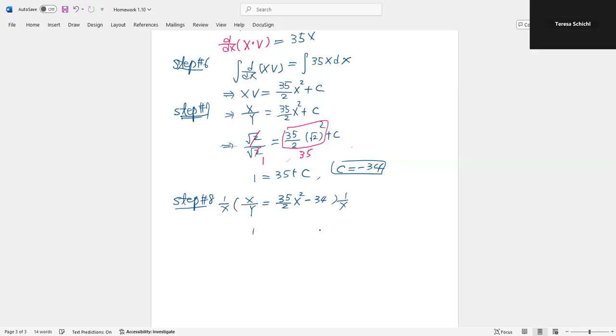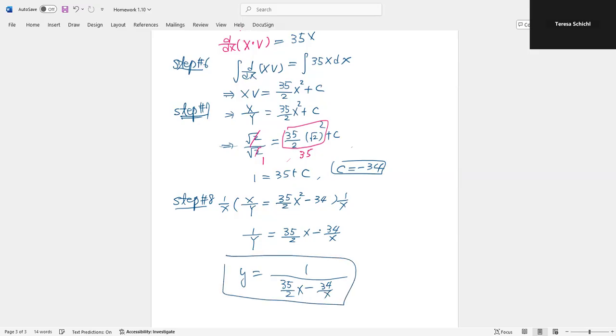So 1 over y will be equal to 35 over 2 x minus 34 over x. Now I flip it, so y will just be 1 over (35 over 2 x minus 34 over x). So this will be our solution.